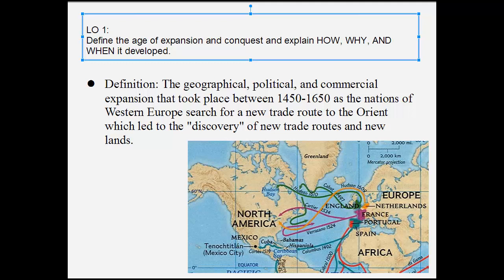This period is a term used to describe the geographical, political, and commercial expansion which took place between the 1450s and the 1650s, generally speaking, as the nations of Europe searched for new trade routes to what they considered the Orient, basically the Middle East, China, and Southeast Asia, which led to the unintended discovery of new lands and trade routes.